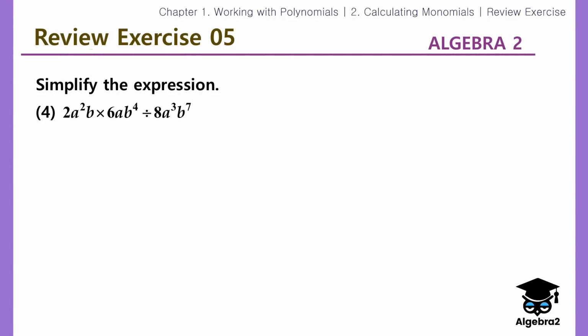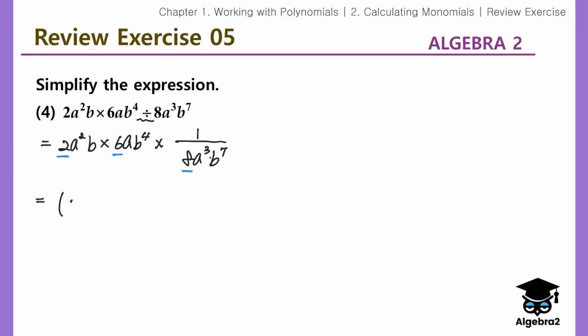Number 4, let's simplify this. So number 4 is equal to 2a squared b times 6ab to the 4. I'm going to convert this division to multiplications. So times 1 over 8a cubed b to the 7. So that is equal to numbers first.